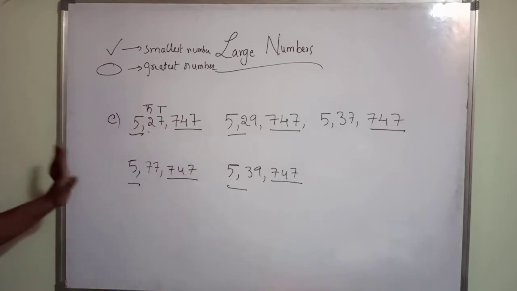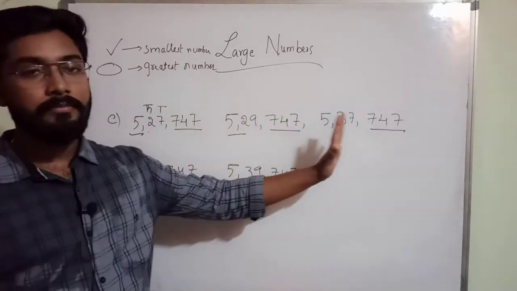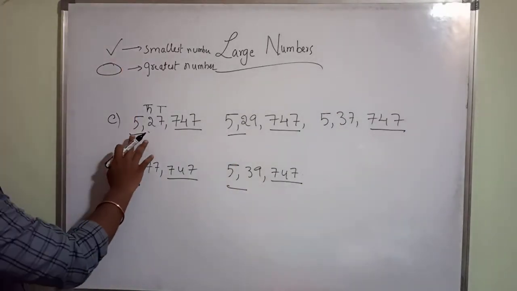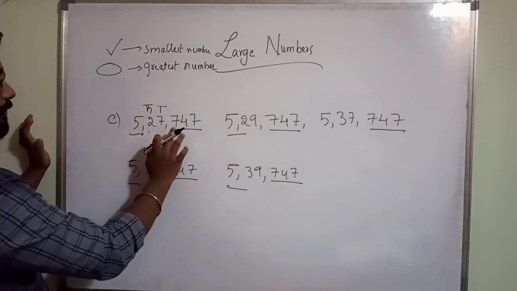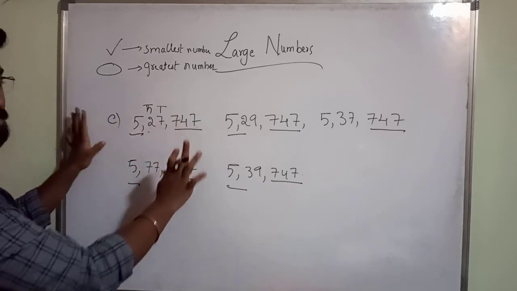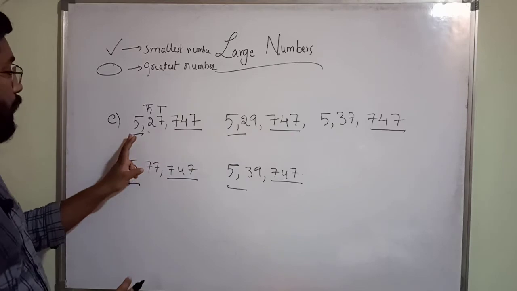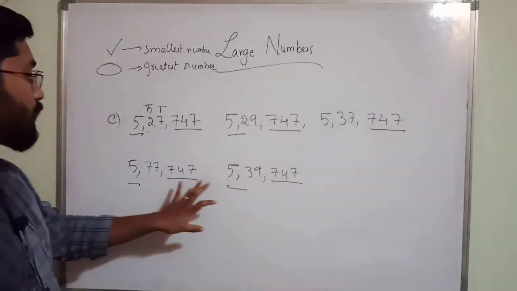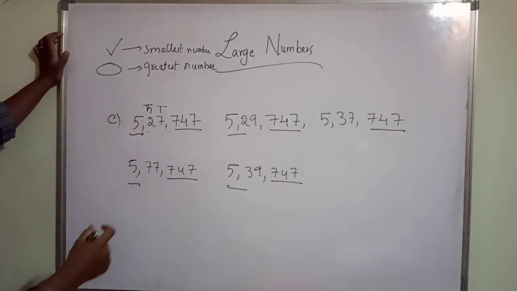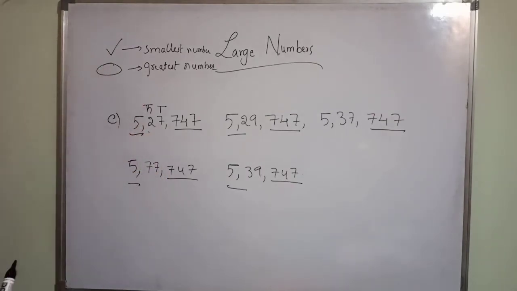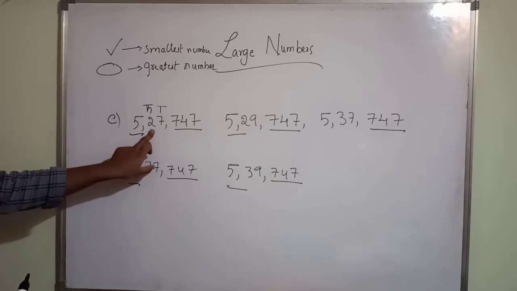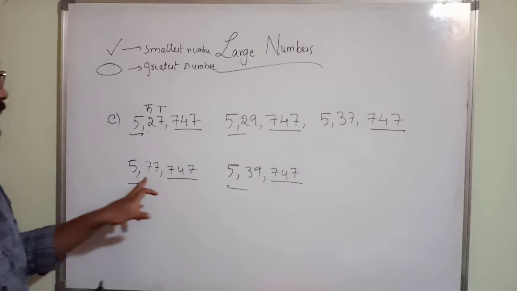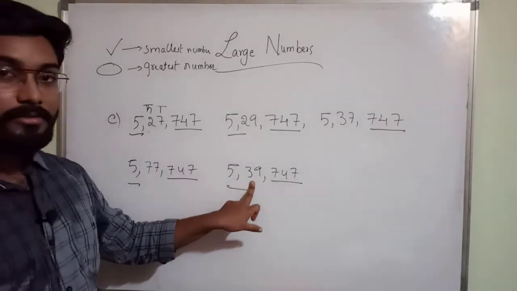So what you have to do? You have to check which one is greatest and which one is the smallest. Among these, keep this aside, 5 lakh and these positions, all are common. So you have to check the difference in these positions only: 27, 29, 37, 39, 77. So look, which one is the smallest? 27,000, 29,000, 37,000, 77,000, 39,000.